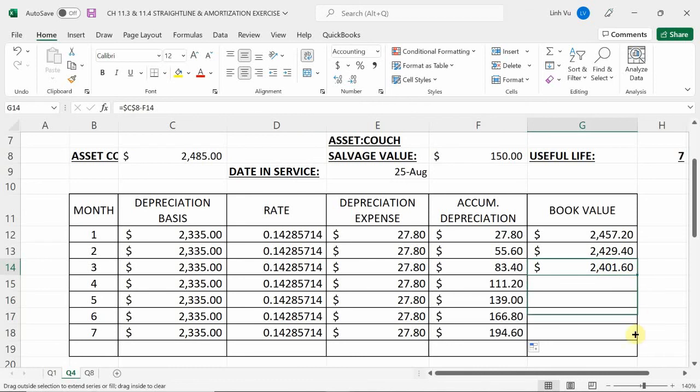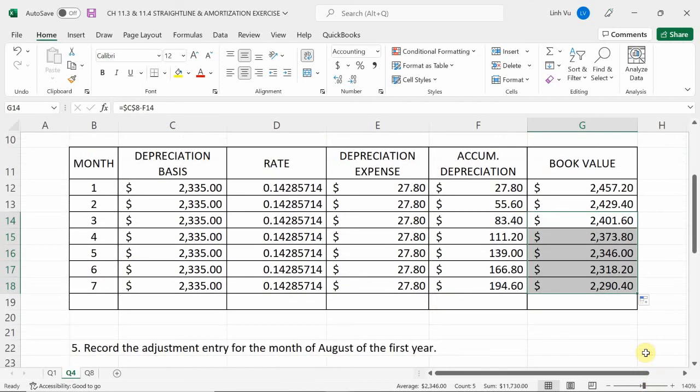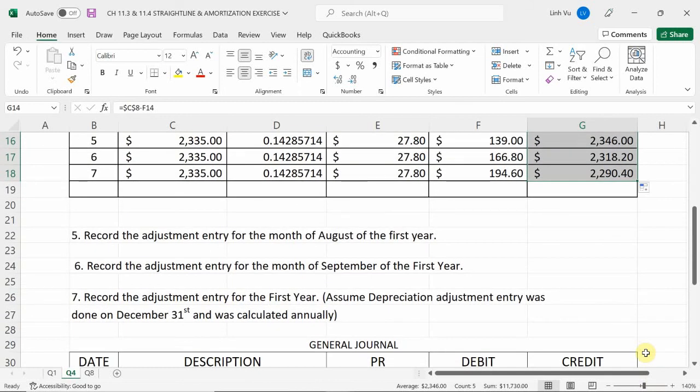By the end of the 7th month, my book value is now $2,290.40. Okay, so that's the end of the 7th month. So let's answer these questions one at a time.